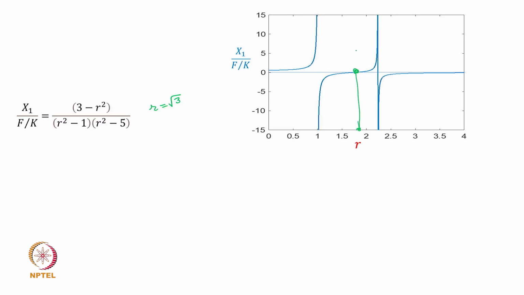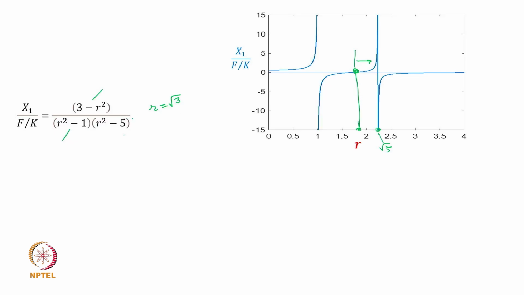And of course after this particular point, because this is going to be negative, this is going to be negative, so the total response is positive up to this point where the value of r is square root of 5, right.